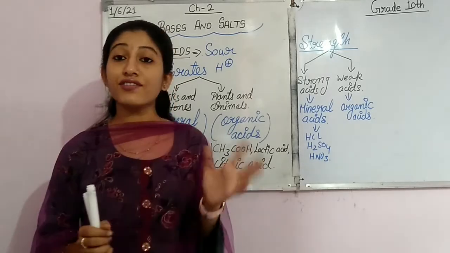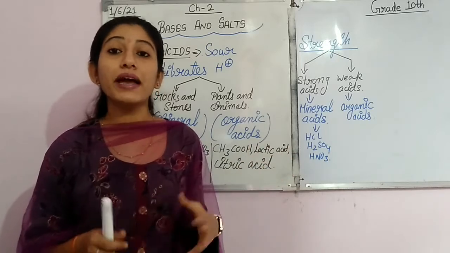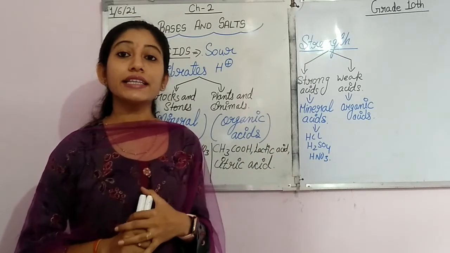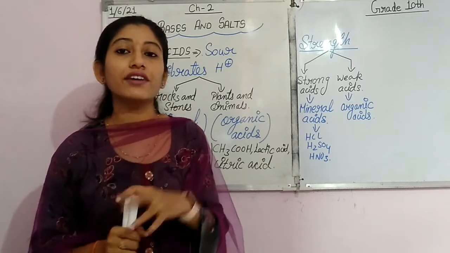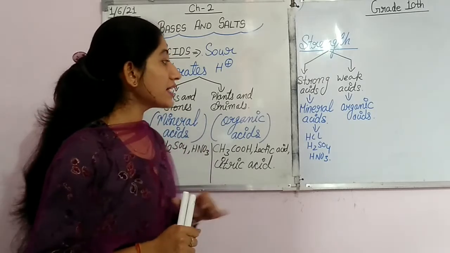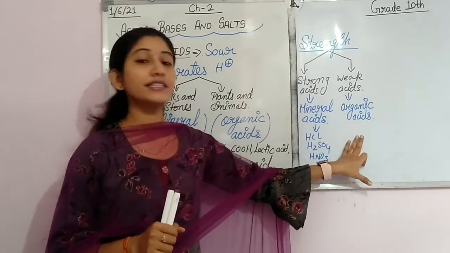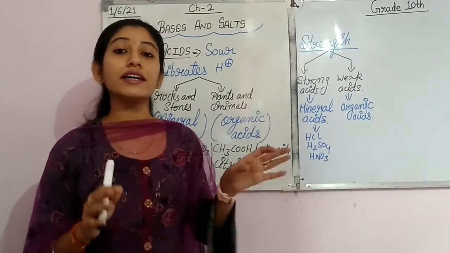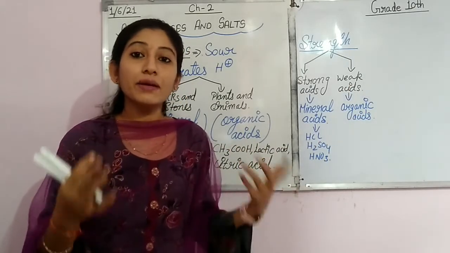Then we have citric acid that is present in many citrus fruits that you eat. Acetic acid is present in vinegar that we eat. So these acids are the organic acids and these acids are the weak acids, and that's why these acids are also edible acids.